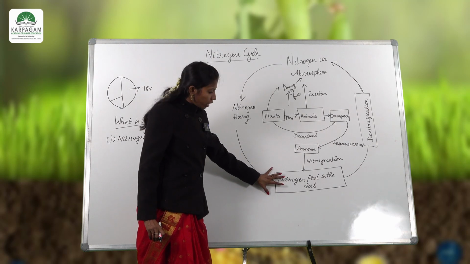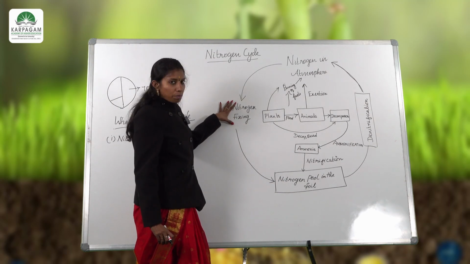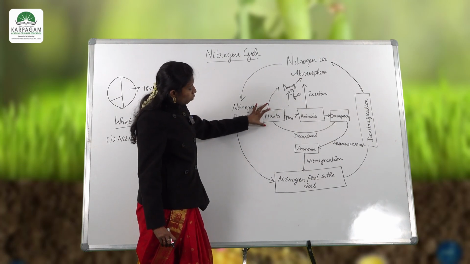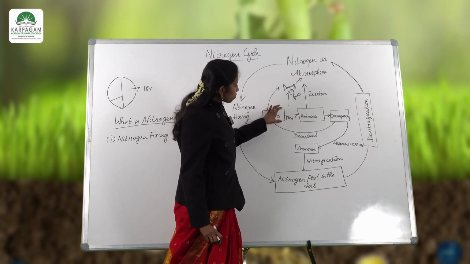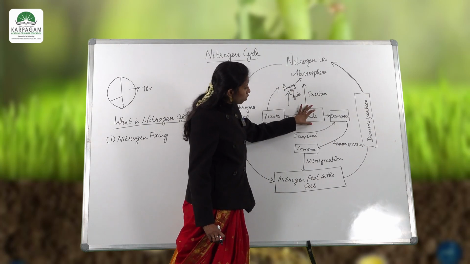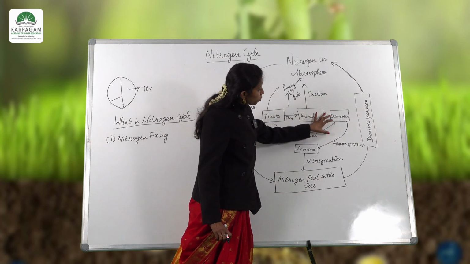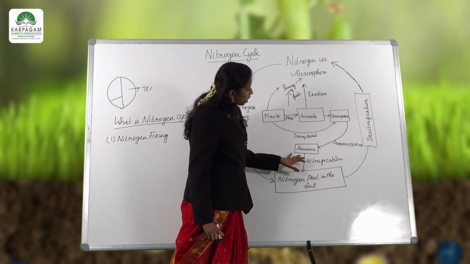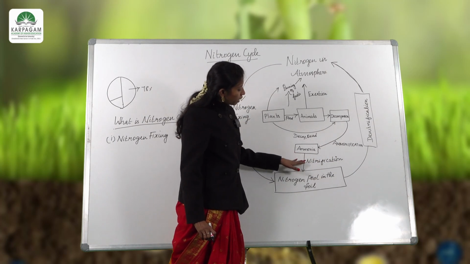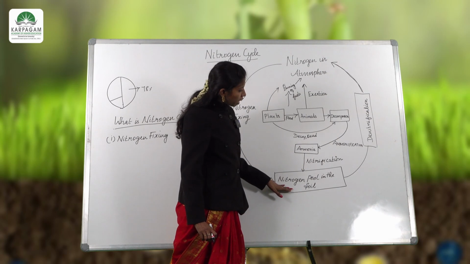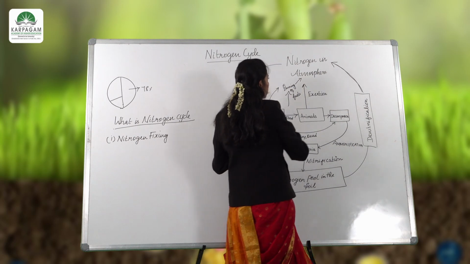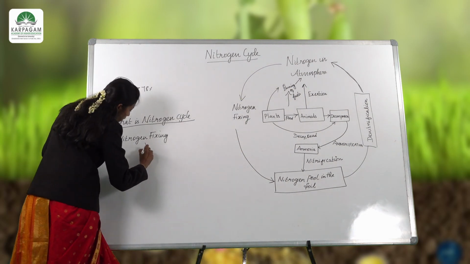Generally this happens in all the cycles, and this nitrogen fixing will happen in a stage, and this nitrogen will also be fed to the soil, and when plants respire, that will also release a small amount of nitrogen. When plants are eaten by animals, after excretion and respiration, they will release nitrogen to the atmosphere, and when both get decomposed, the decomposers will produce ammonia, and that ammonia is received by the ammonification process, and when this ammonia goes through nitrification, that will also release nitrogen, and sequentially everything will be fed to the denitrification part where we will get nitrogen in the atmosphere. So in nitrogen fixing we have two types.